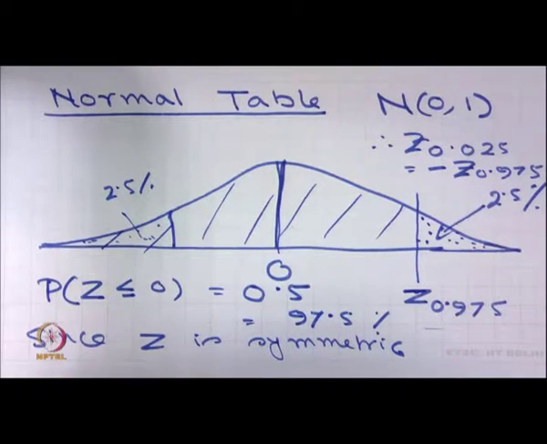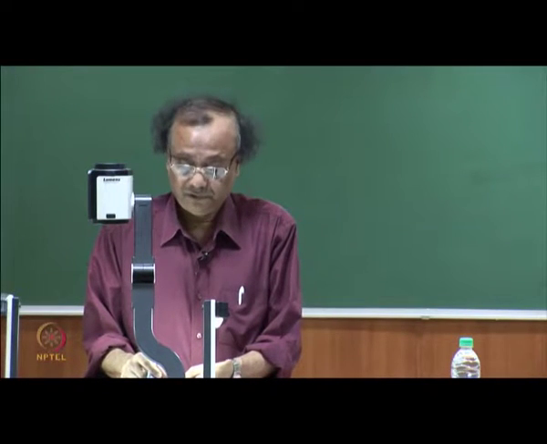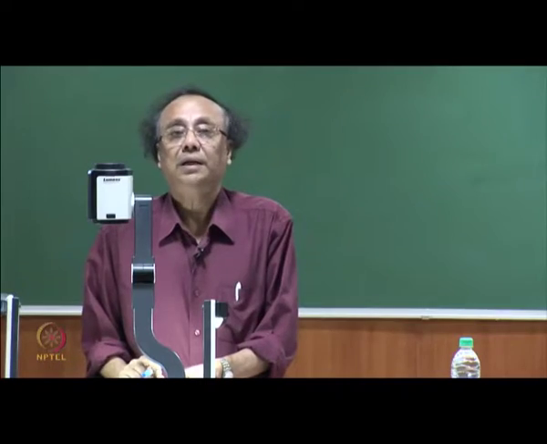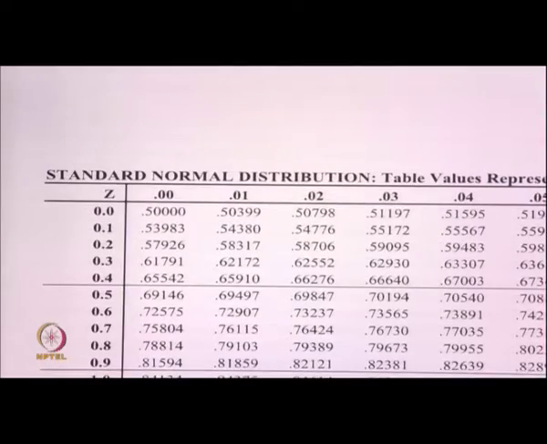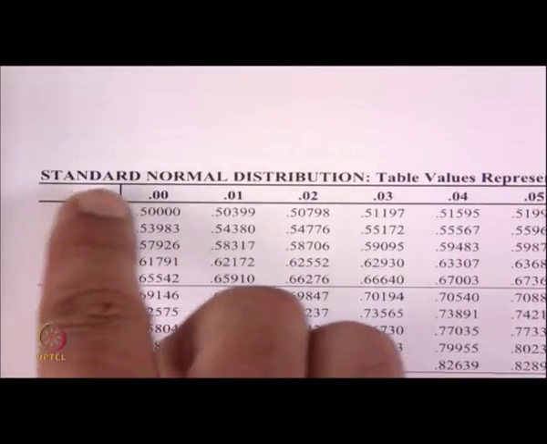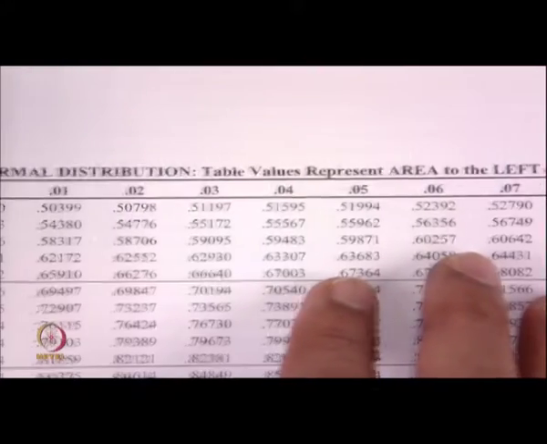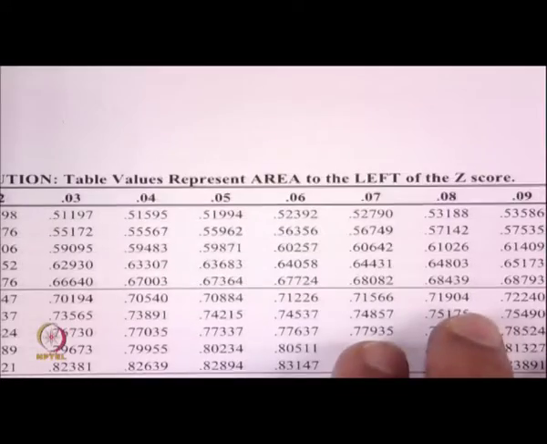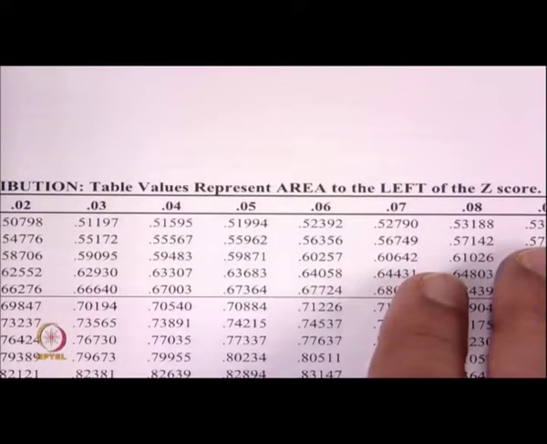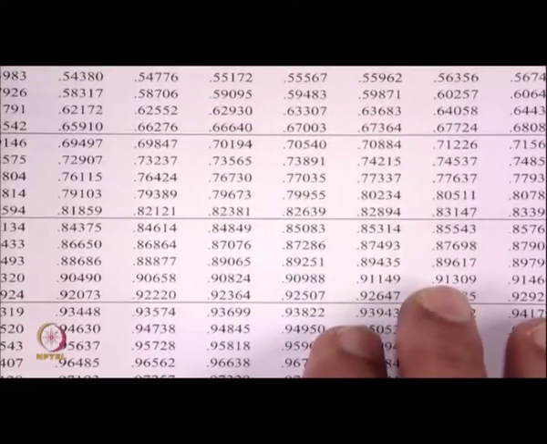So, there are tables where these values are tabulated. First, let me show you the normal table. If you look at the table, it is showing standard normal distribution table values represent area to the left of the Z score, as you can see that. So, in this table there are all the values tabulated.